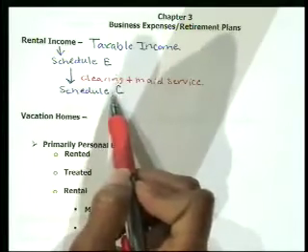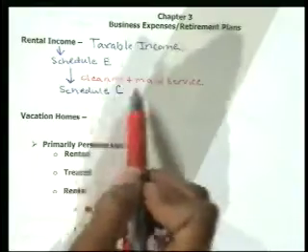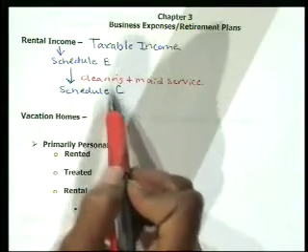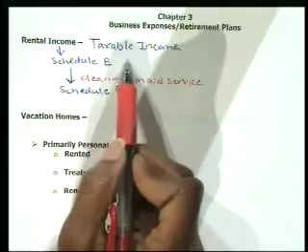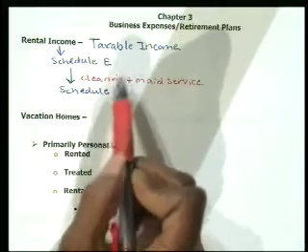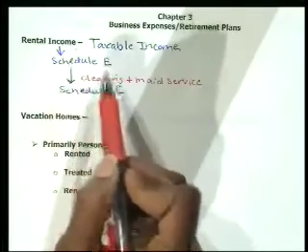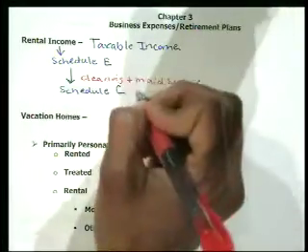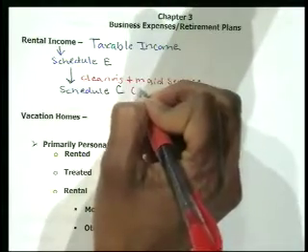Hotels and bed and breakfasts where there's cleaning and maid services coming in, that's more of a business and Schedule C. Whereas if it's strictly rental property, where you rent out a piece of property, then that's going to be Schedule E. So that's the difference there. With Schedule C, this is going to be subject to self-employment tax.